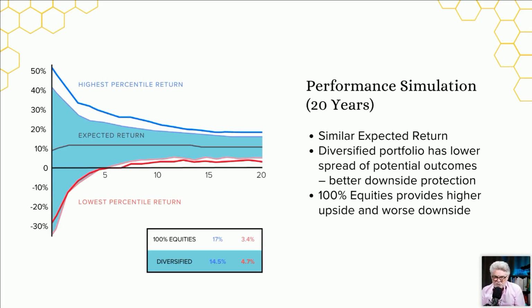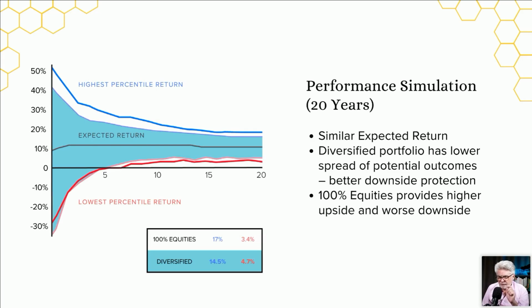And so in this case, after 20 years, you end up with relatively narrow ranges of returns, although in dollar terms, they can be very significant. But the range of outcomes for our diversified portfolio is narrower, and the bottom return is higher.